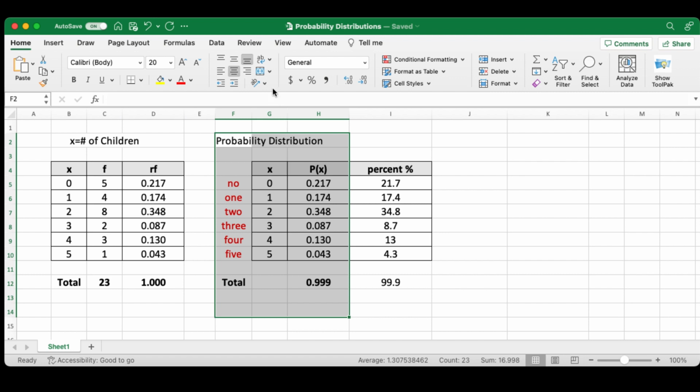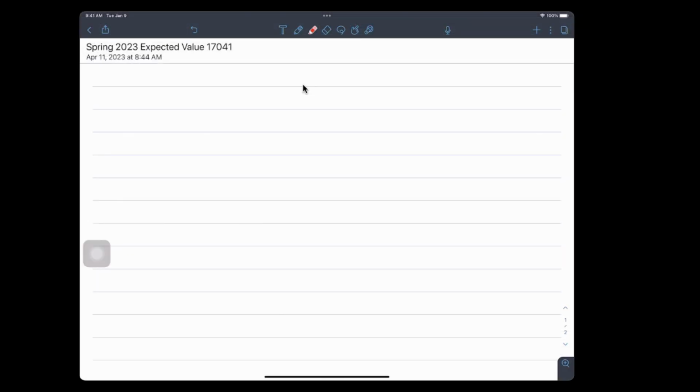But the question I want to ask you guys today is the following, okay? For any distribution, let's go to the iPad now. We can ask these questions here for any probability distribution. What is the mean of the probability distribution? It has a mean.